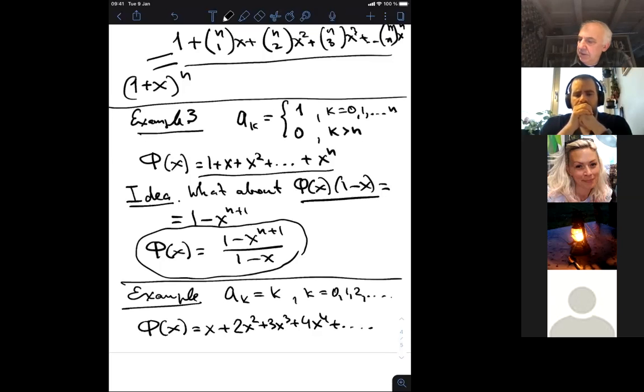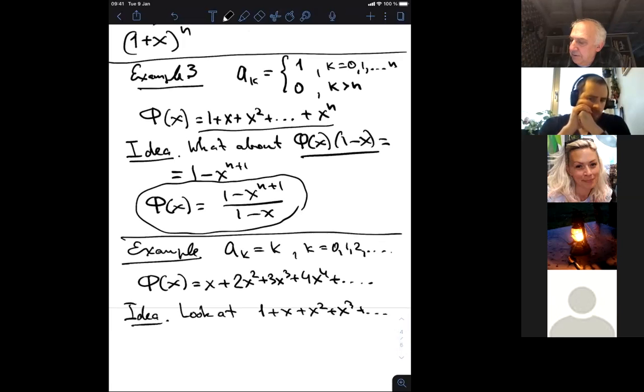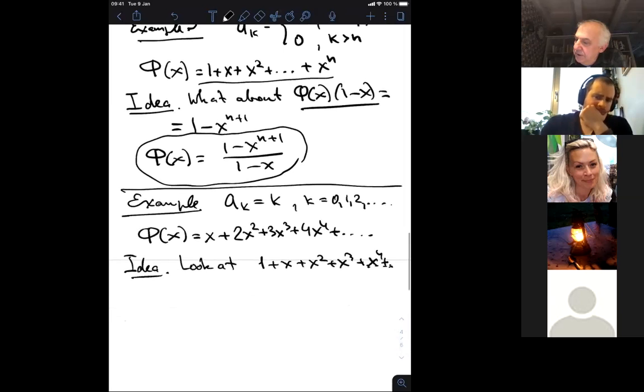And the idea again here is to look at the sequence which we studied already: 1 plus x plus x squared plus x cubed plus and so on. So what can we do with this sequence?